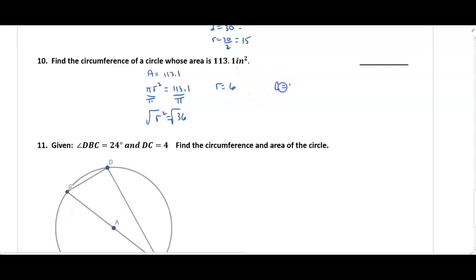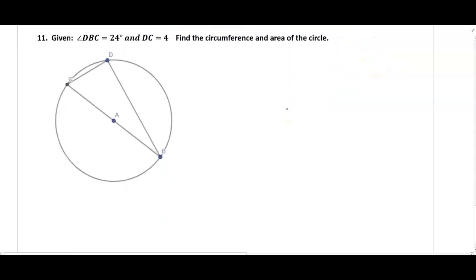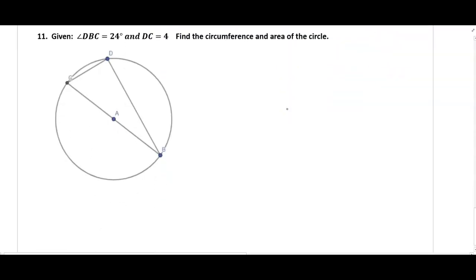So the circumference then would be 2 times pi times the radius. 2 times pi times 6 will give you 12 pi, which would give you 12 pi inches is what the circumference would be. Okay? And number 11, they give you angle DBC. Angle DBC.